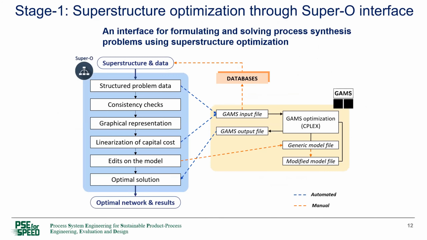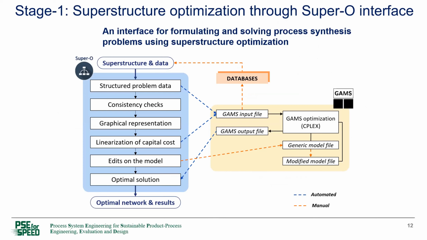So a little bit more on the structure. The problem data is structured in terms of different items, which we will show later on. The consistency checks are done. A graphical representation is possible. The capital cost is linearized.